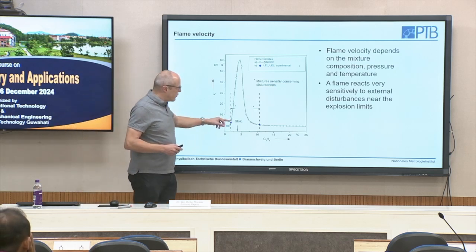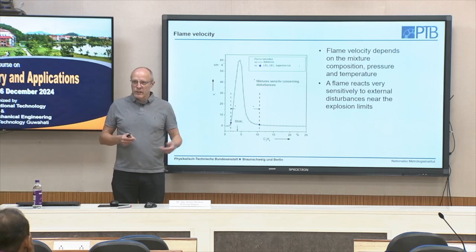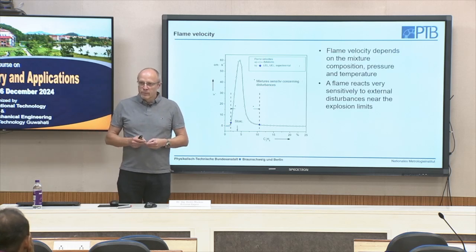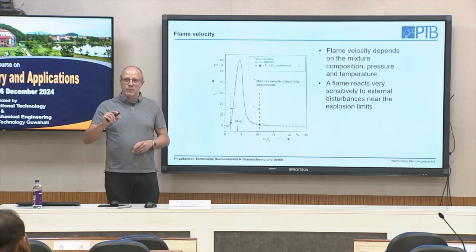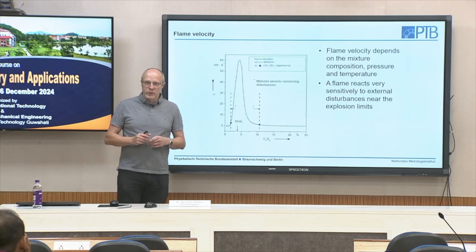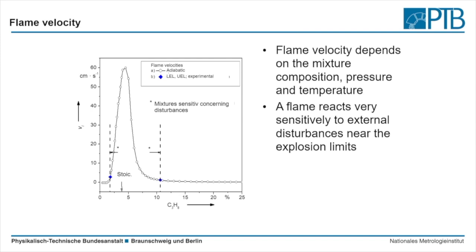You create a flow field which disturbs our flame propagation, and therefore quenching can be observed. So the flame is maybe ignited, but it will quench after a short period of time. Depending on the criteria you have.